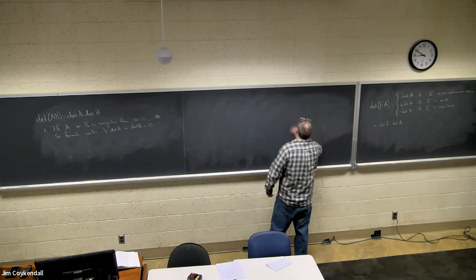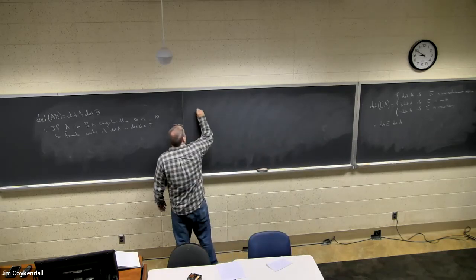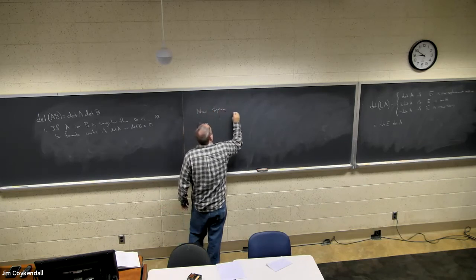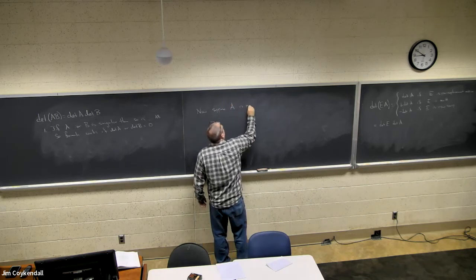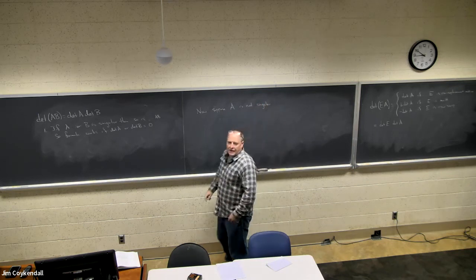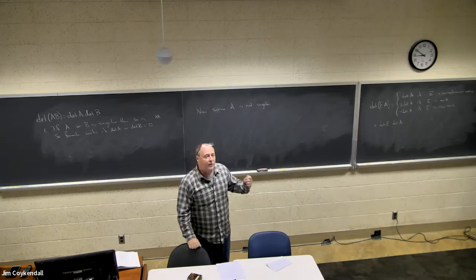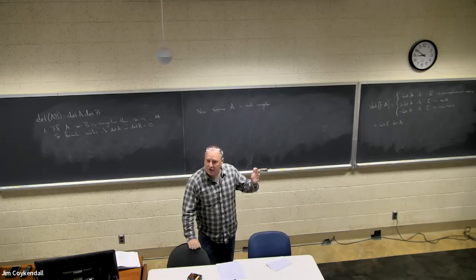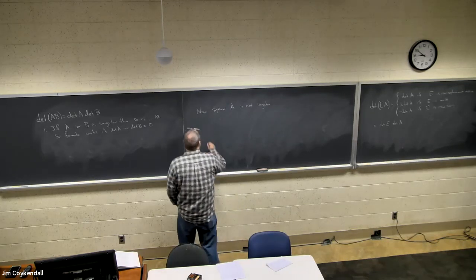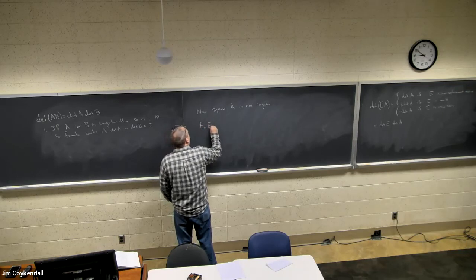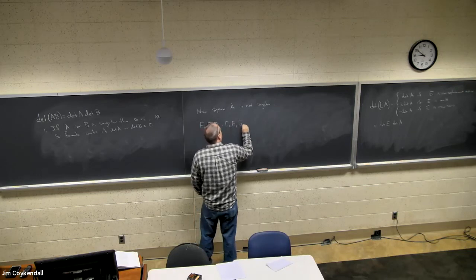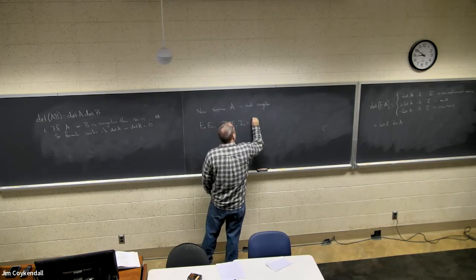When it's not 0, now suppose A is not singular. Then what can I do? I can reduce it to the identity matrix by a sequence of elementary row operations. Agreed? So another way to say this is there's a sequence of these elementary matrices times A, which is equal to the identity.